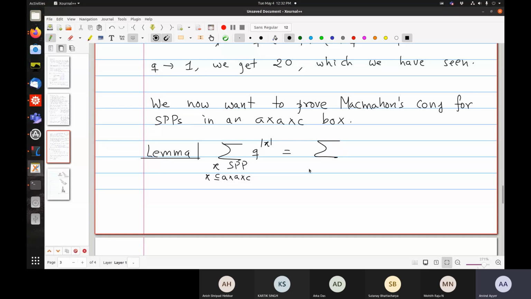This can be written as a sum over partitions lambda inside the c by a rectangle of s lambda of something, but this is no longer a principal specialization, it's something slightly more general: q to the 2a minus 1, q to the 2a minus 3, and so on, q cubed, q to the 1. So there are a variables, a terms.